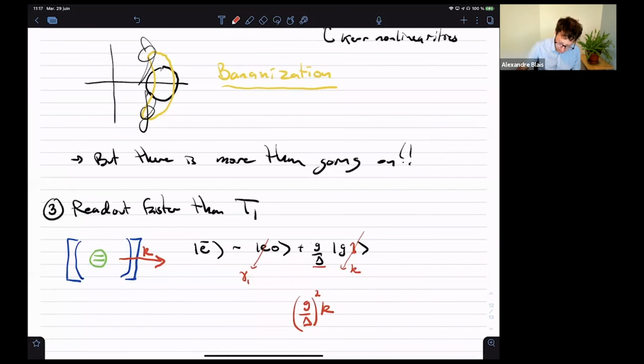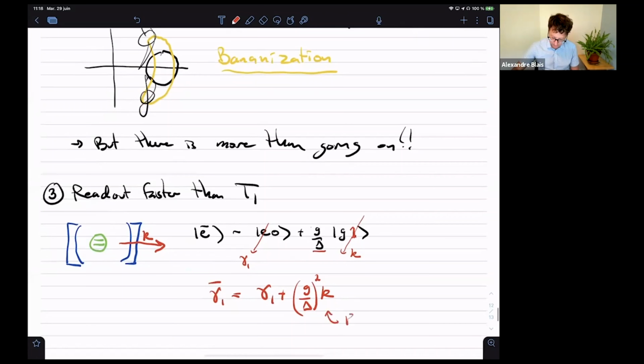And so the total relaxation rate of this dressed qubit is in fact gamma 1 plus what is known as the Purcell decay rate. That's bad, because if you keep increasing kappa, you keep increasing your Purcell decay and eventually it dominates.